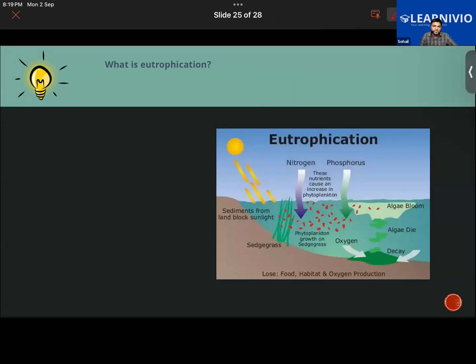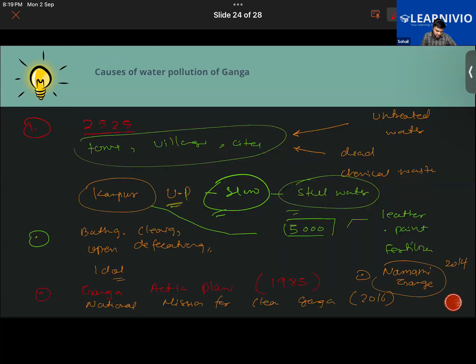By the way, you guys should know about the Yamuna river also. It also originates from a glacier. Do you know where it starts? Is it from Uttarakhand? See, talking about the glacier, first of all, it originates from a glacier by the name of Yamunotri.